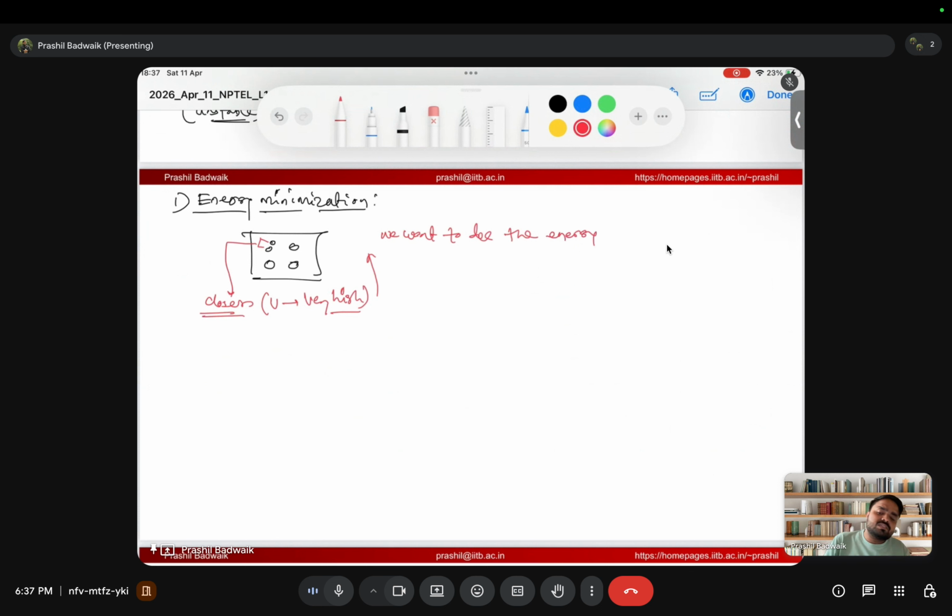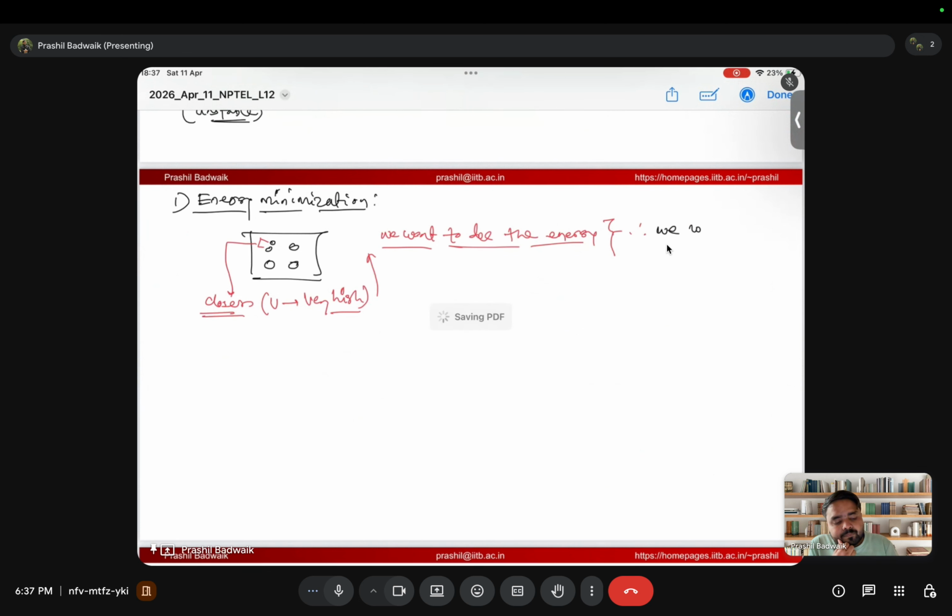We want to decrease the energy. Since we want to decrease the energy, we want these atoms to be at a distance where the energy is minimum, right? So we want energy to be a lesser value.